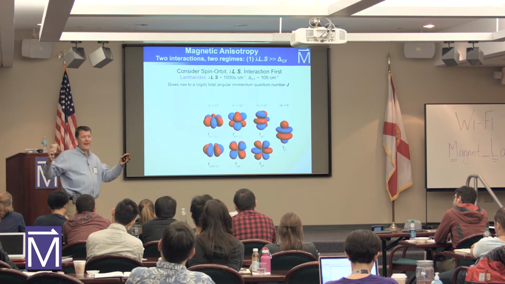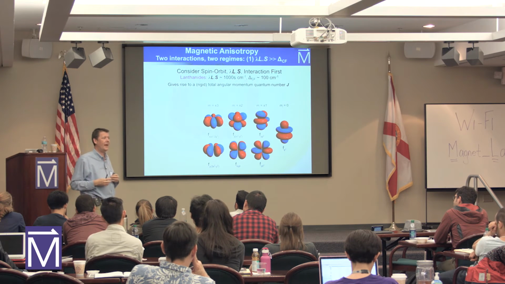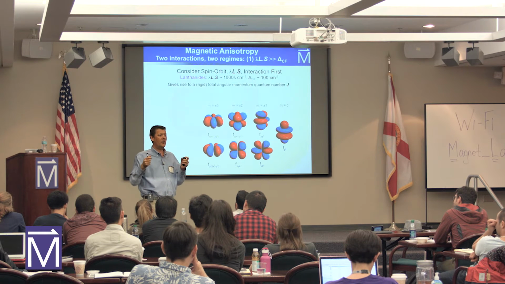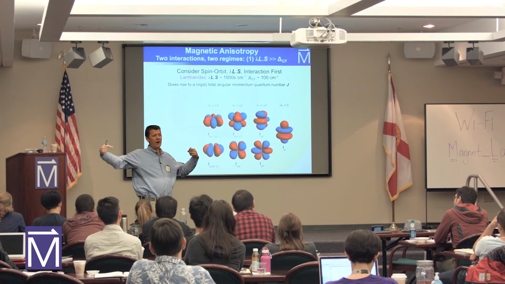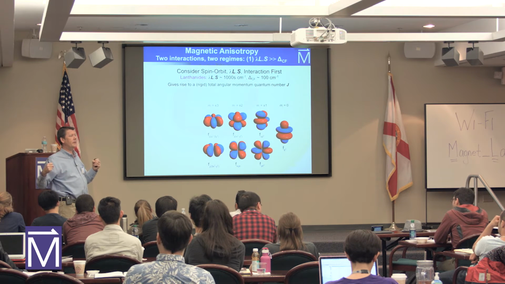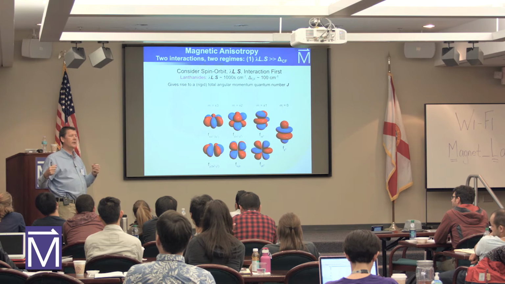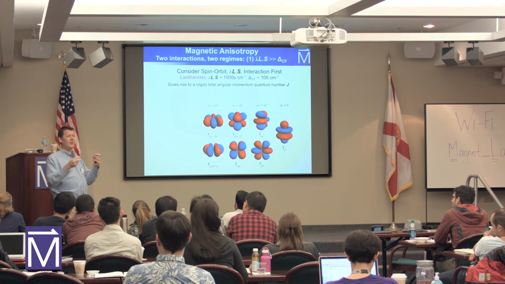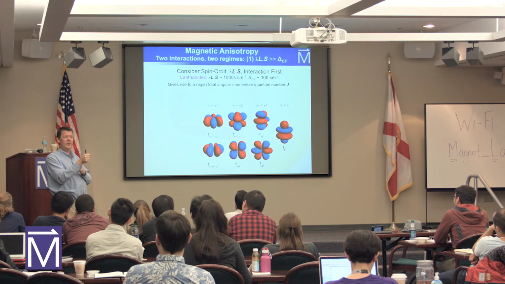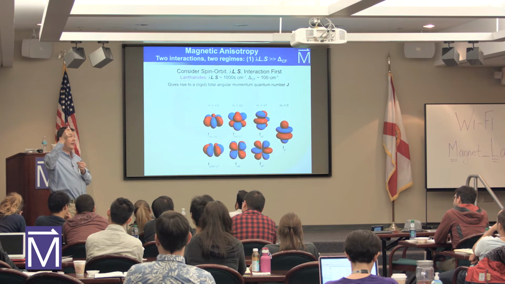But then that atom makes chemical bonds with neighboring atoms. And so, a very naive picture, you can think about it as a crystalline electric field. The electric field produced by neighboring atoms in the material has an effect on the orbitals associated with the atom in which the electron lives. And you need both of these to give rise to magnetic anisotropy.